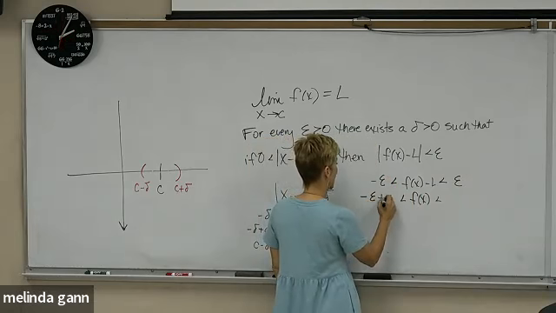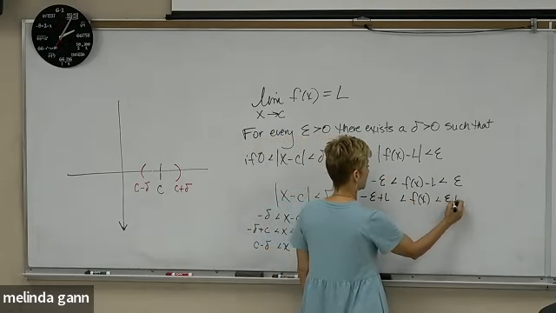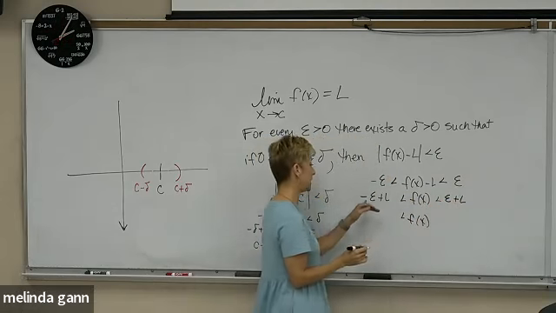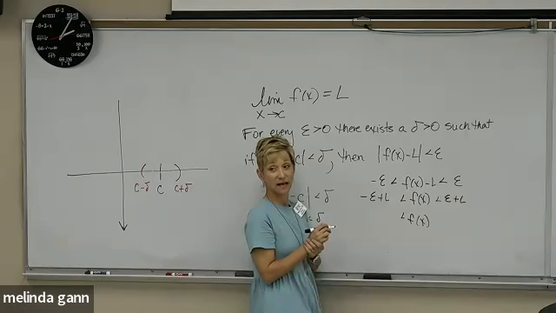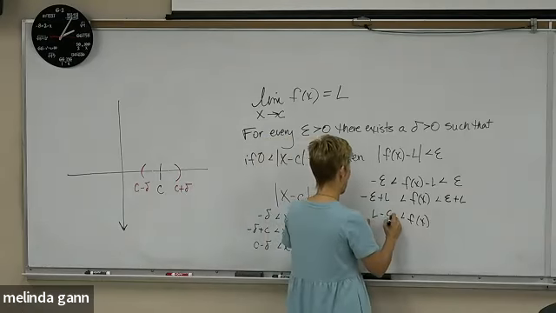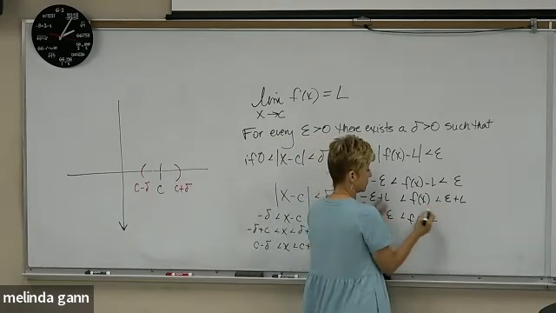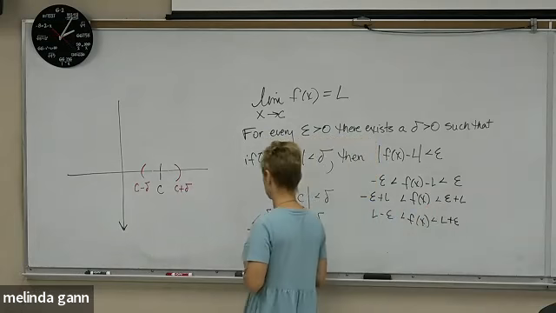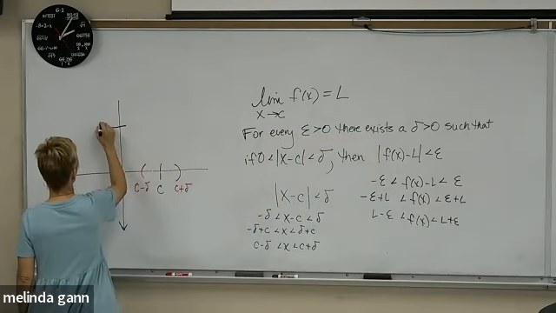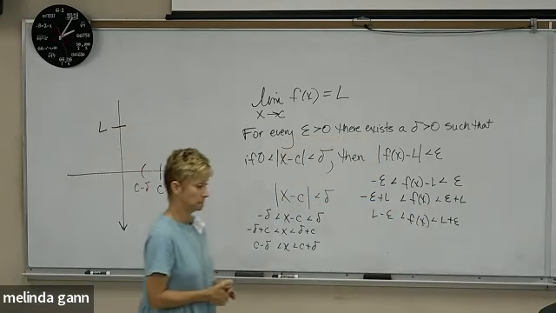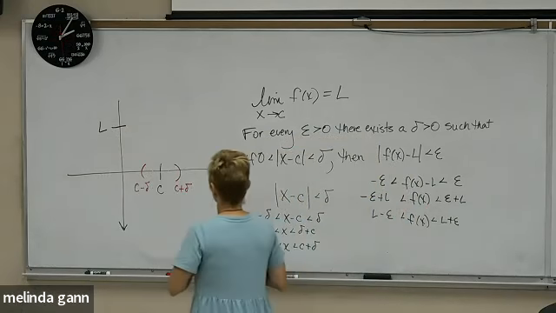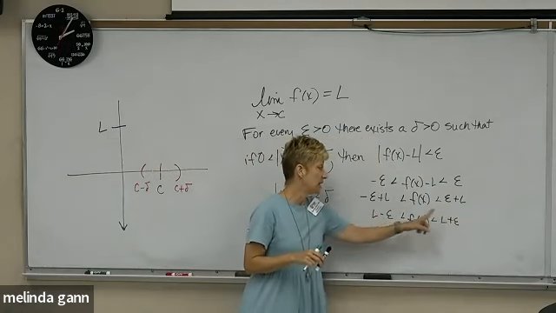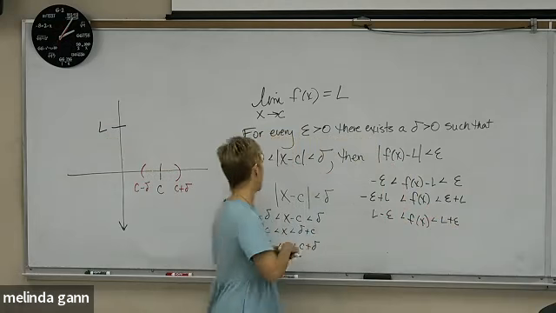So I've got a negative epsilon plus L, and a positive epsilon. But there's an easier way of saying negative epsilon plus L. L minus epsilon, and for symmetry they call the other L plus epsilon. So you understand what that means? That means L plus a little bit and L minus a little bit.